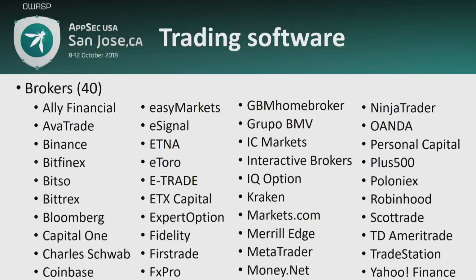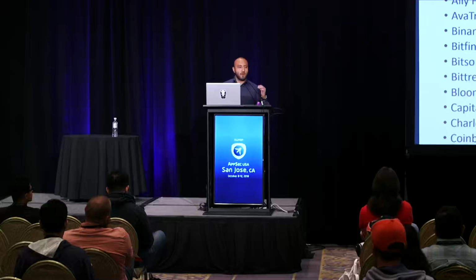AvaTrade for crypto, Bloomberg, Capital One, Charles Schwab, Coinbase, eSignal, eToro, eTrade, ETX Capital, Fidelity, First Trade, Interactive Brokers, Markets.com, Merrill Lynch, which is a mix between Bank of America and Merrill Lynch, MetaTrader, Oanda for Forex Exchange, Personal Capital, Robinhood, Scottrade, Ameritrade, TradeStation, and Yahoo Finance. Is there anyone in the room that works for any of these companies? No? Well, lucky you.